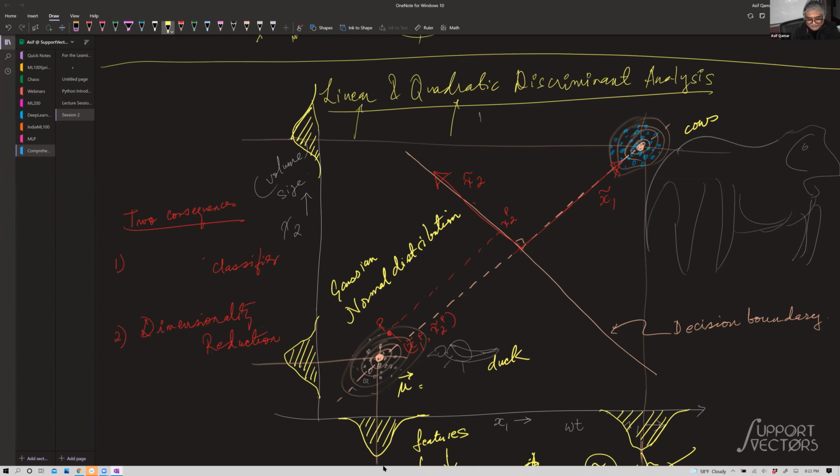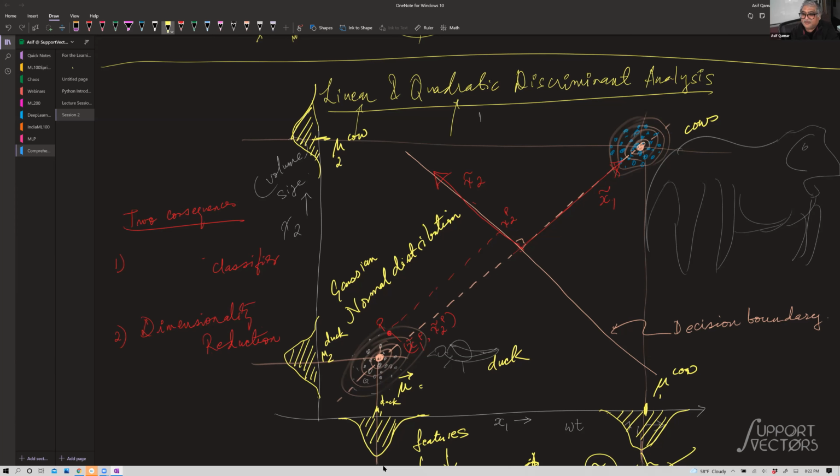Mu vector made up of mu1 and mu2 for the duck. This point would be mu1 for the cow, remember, the center of the bell curve, and this point would be mu2 for the cow. So guys, I hope this all makes a lot of sense now, geometrically.